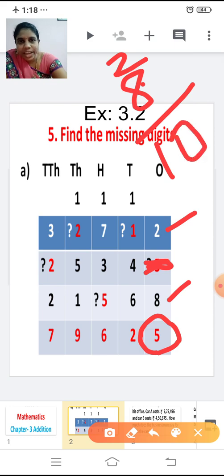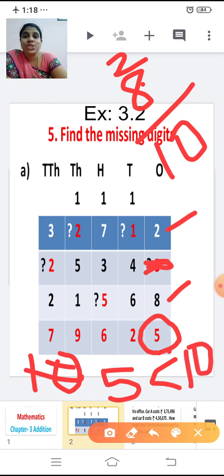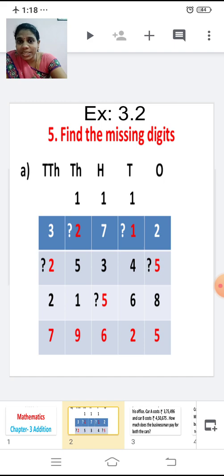So with this 10 I should add some number so that the answer will be 5. So what should we do now? With 10, what number? See, the answer 5 is less than 10, right? So we have to add a number to 10 in such a way that the unit digit is 5.